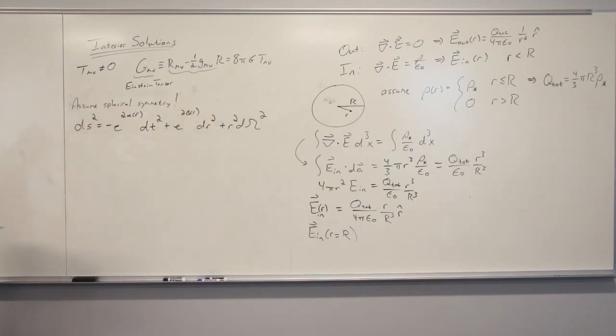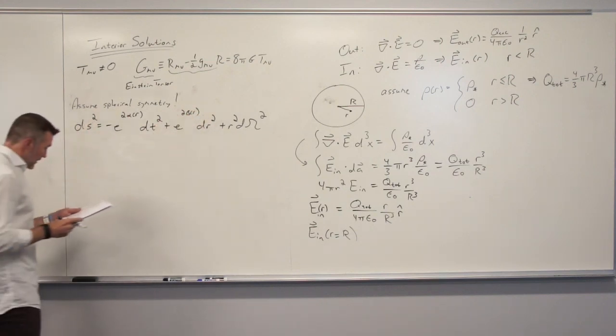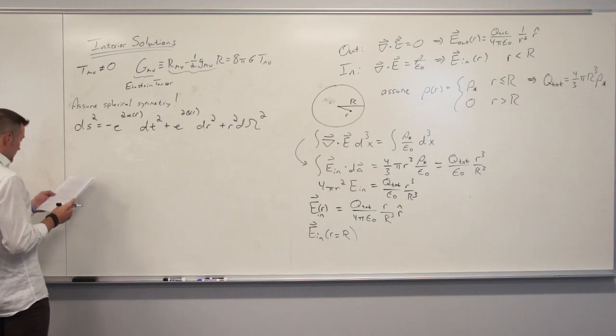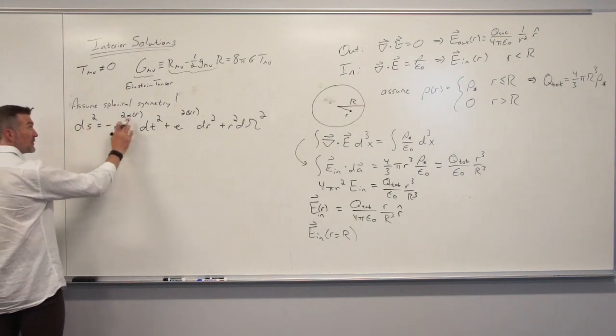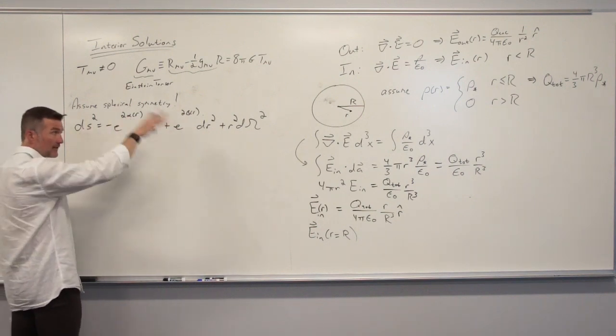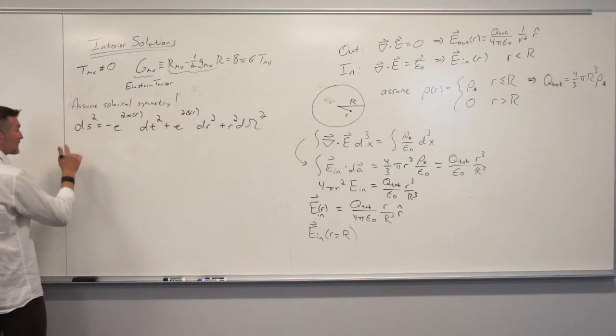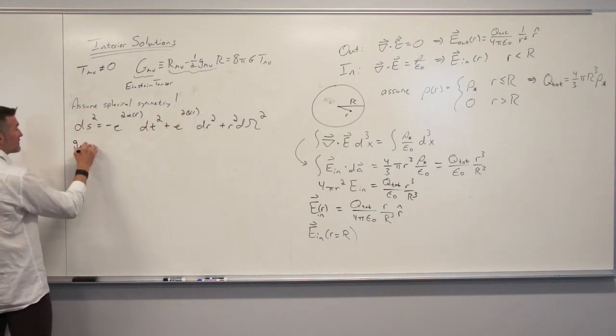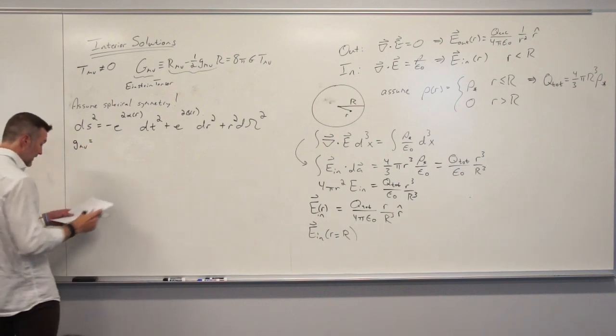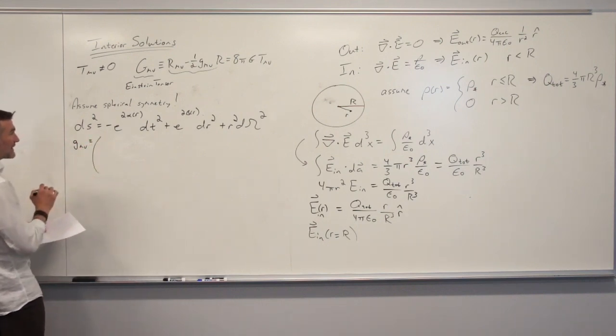Okay, and let's see, yeah, all my notation is right. So the two functions that we would need to find in this interior solution now are alpha of r and beta of r. Just for simplicity, let me write down what the metric looks like, because we're going to get into the guts of this.